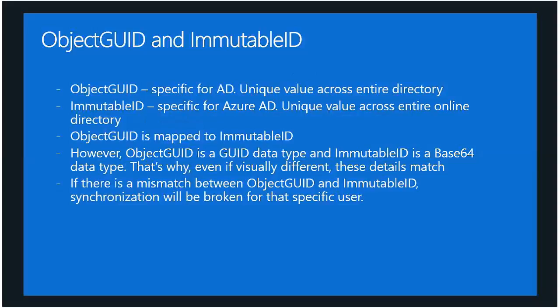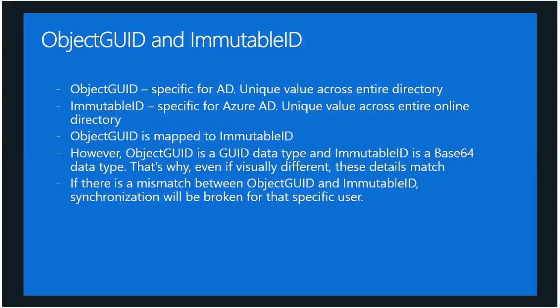So for each user that you synchronize, the object GUID that you will see in the local Active Directory needs to be exactly identical with the immutable ID in cloud, but of course in base 64 format.